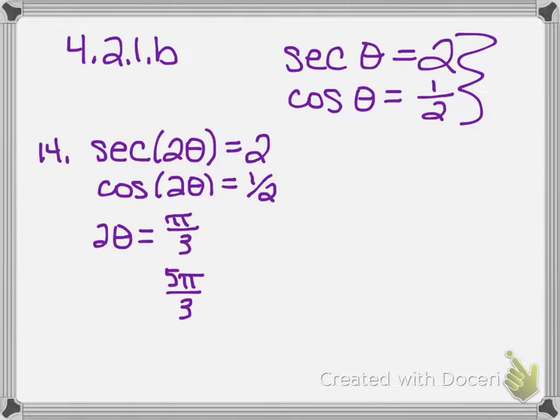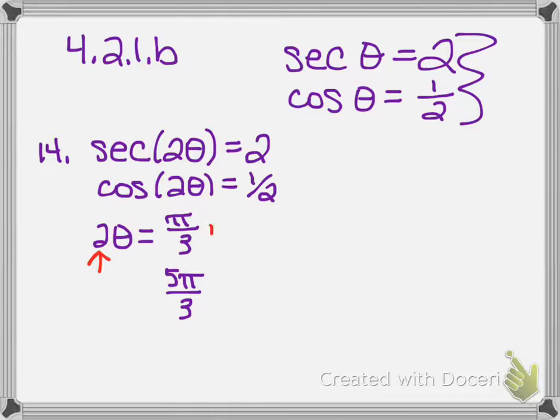But of course, from our previous problems, we know that that 2 right there is going to be doing a horizontal compression to our function, and since our function is now going to have a cycle that's half as long, it's now going to generate twice as many cycles or twice as many answers.